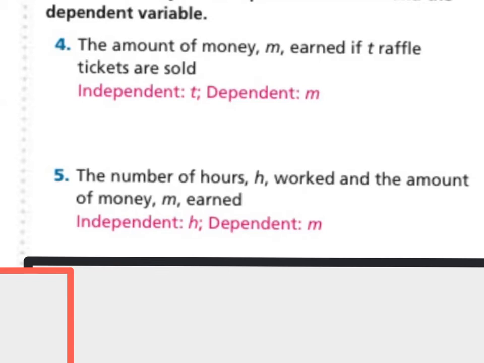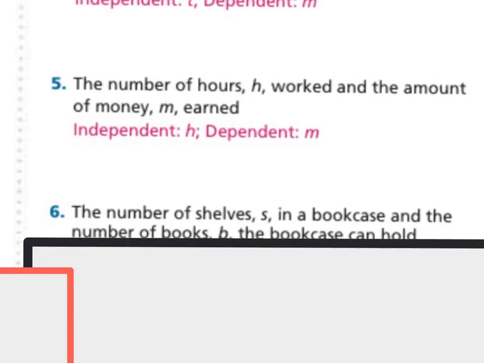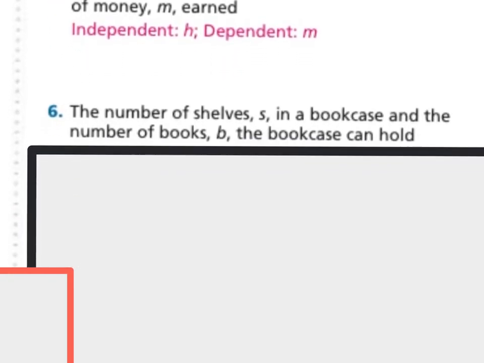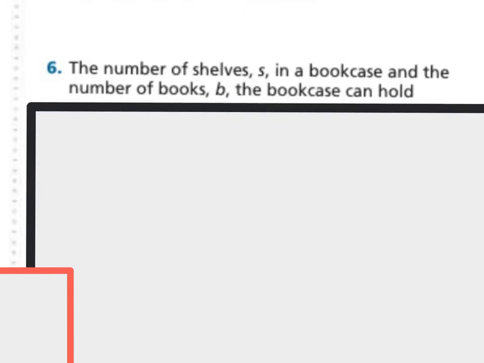Look at number 6. Number of shelves S in a bookcase and the number of books B the bookcase can hold. So we want to think about, does the number of shelves in the bookcase depend on how many books it can hold, or does the number of books it can hold depend on the number of shelves?